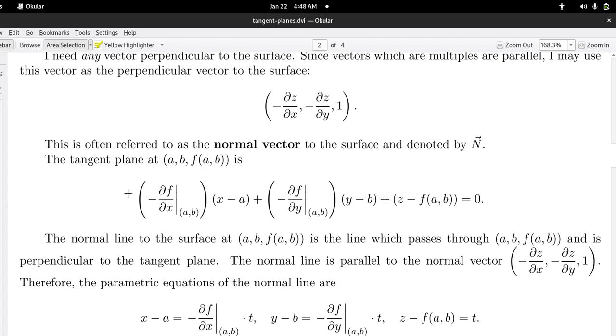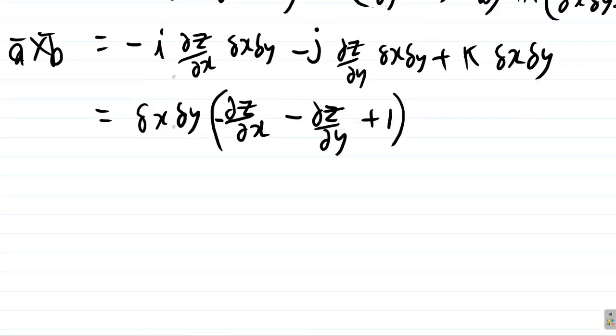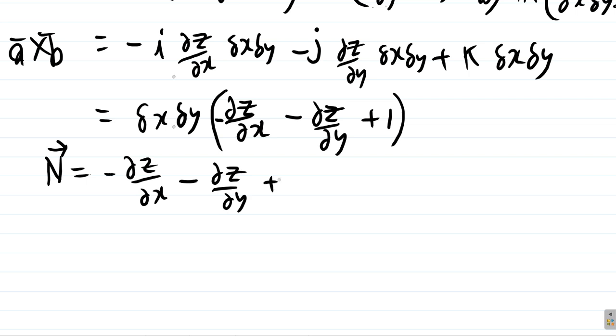So here, what it's saying is that the normal vector is equal to negative delta z by delta x, minus delta z by delta y, plus 1. Now, remember, you still have your I, your j, and your k here to show the directions, and that this thing is indeed a vector. Now, they say that a tangent plane, this is a normal vector. Let me just make a note.